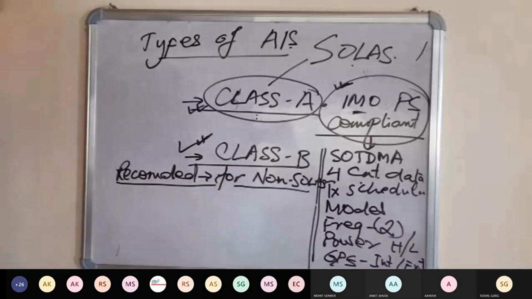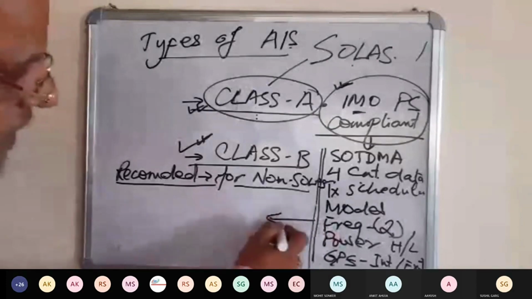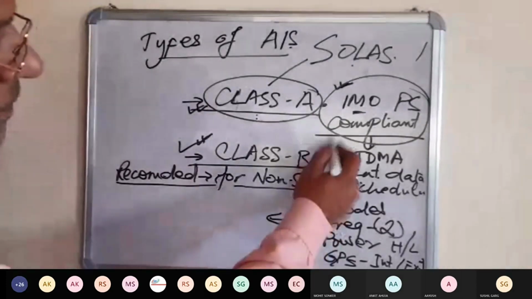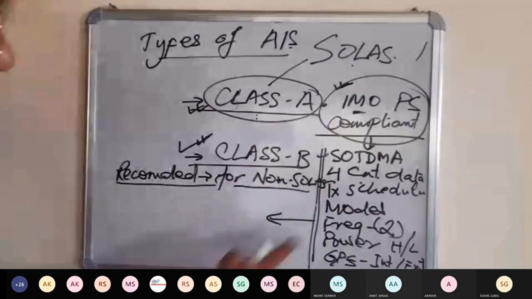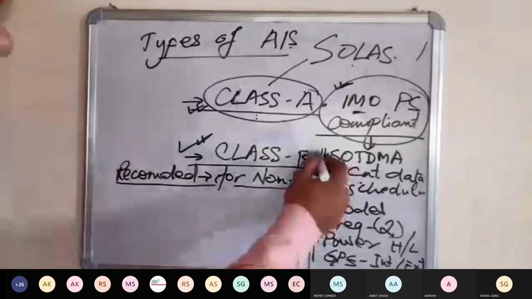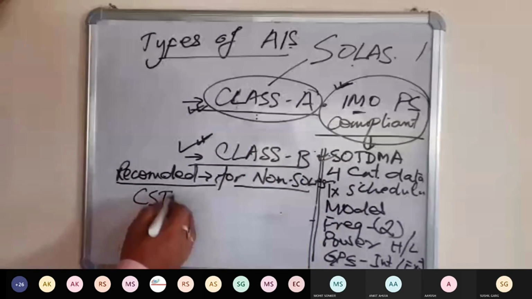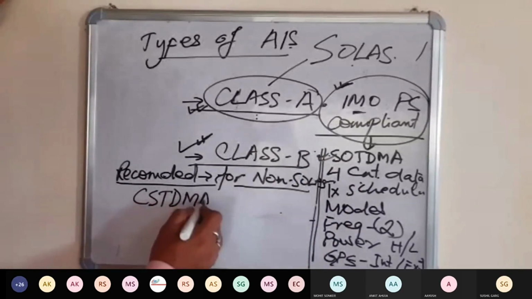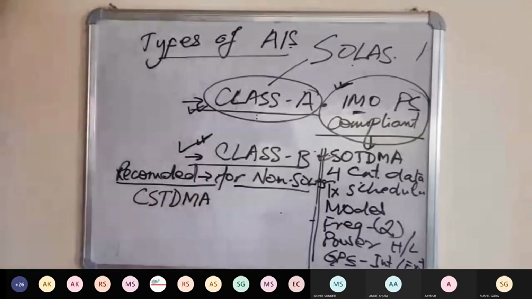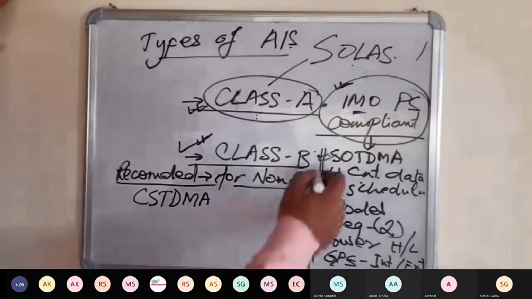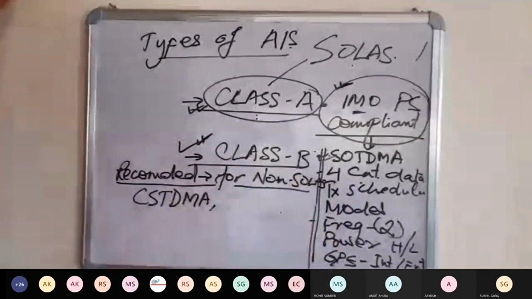Why is it cheaper? Why is it smaller? So there are a lot of deviations from these requirements. For example, SOTDMA को अगर देखें तो this works on CSTDMA. We will talk about what is CSTDMA. 4 categories of data?